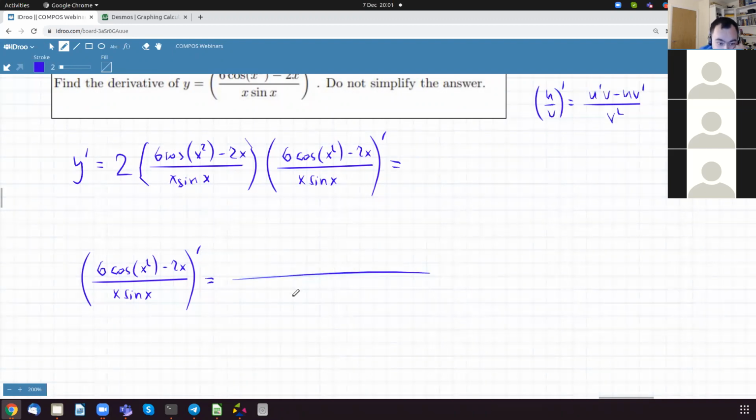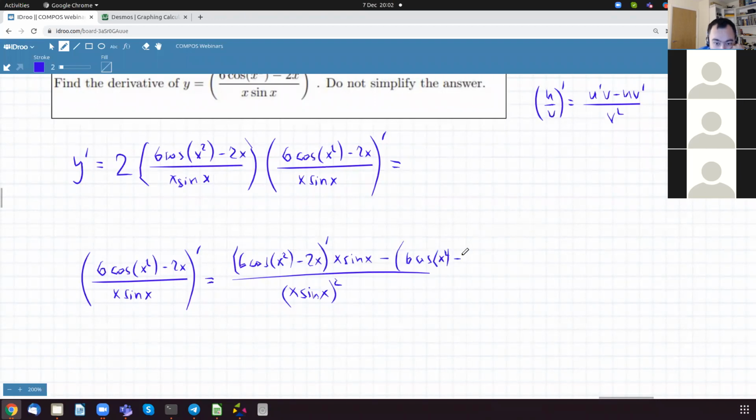So it's going to be x sine x squared, and it's going to be 6 cos x squared minus 2x derivative, x sine x, minus 6 cos x squared minus 2x, x sine x derivative.